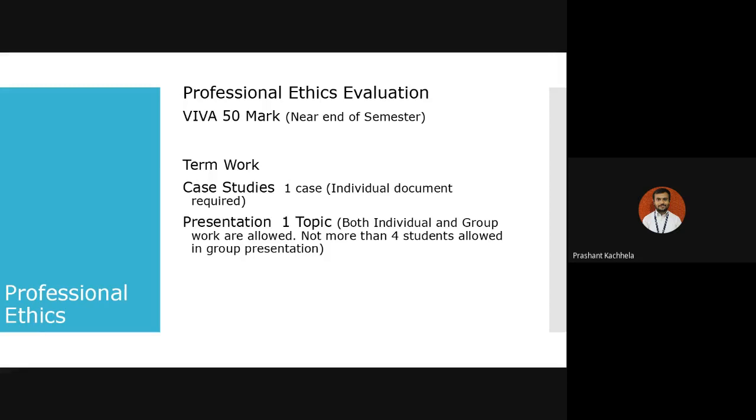So here, as a part of term work, what is required from your side? First thing is the case study, and second thing is our presentation. For the case study, I'll provide some case studies, and you have to select one case out of the given topics and write in detail regarding the particular solution.